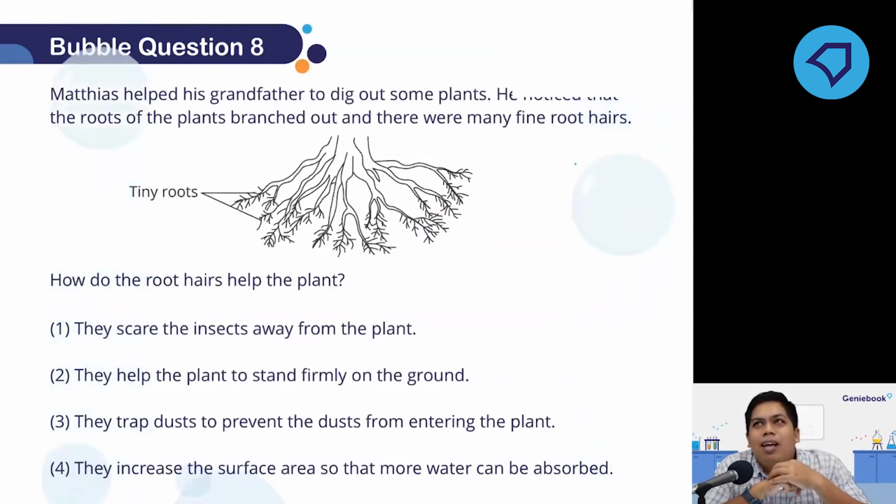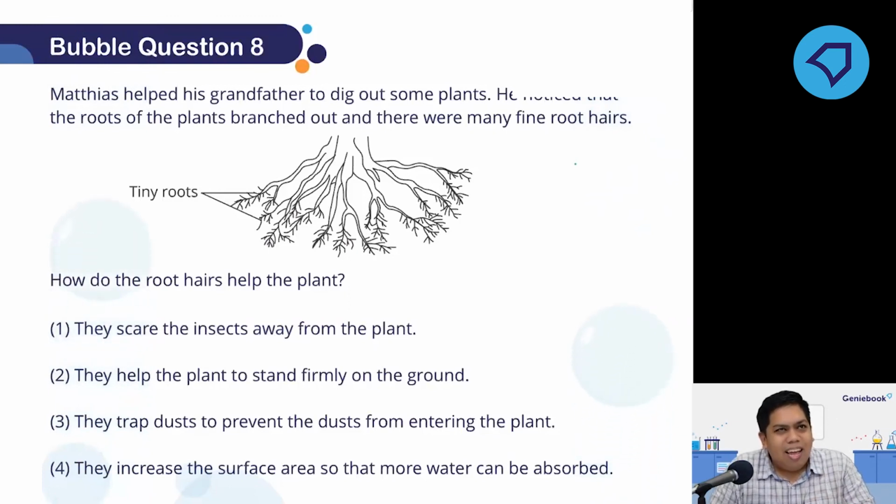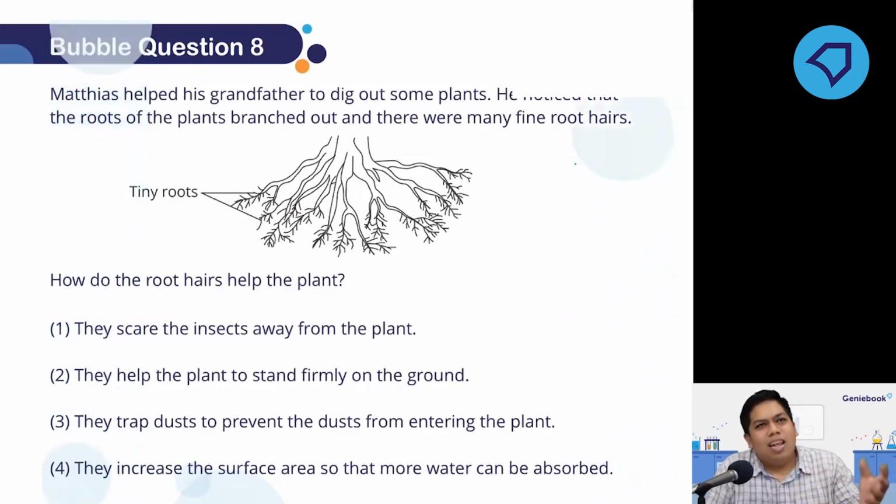But if you can stay back, I will explain this question for a short while, and then I will end the lesson. Okay, so the root hairs over here are basically not there to scare the insects away. Okay, it's not about that. And it's not about helping the plant to stand firmly on the ground, because the root hairs are very soft. It's like our hair. So it doesn't help in that. It's the main roots actually.